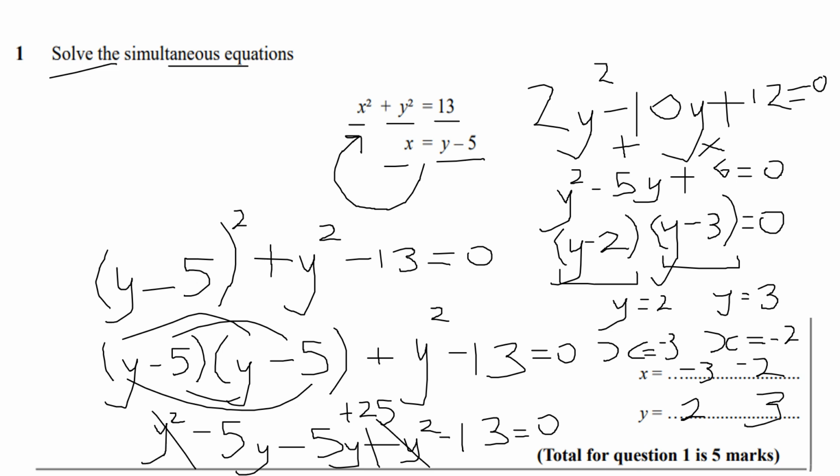If you're not sure, write them out as a pair of coordinates. So minus 3, 2, and minus 2, 3. They are my points of intersection of the circle and the straight line. I hope that makes sense. So x equals minus 3 corresponds to y equals 2 for that one, and then x equals that and y equals that.